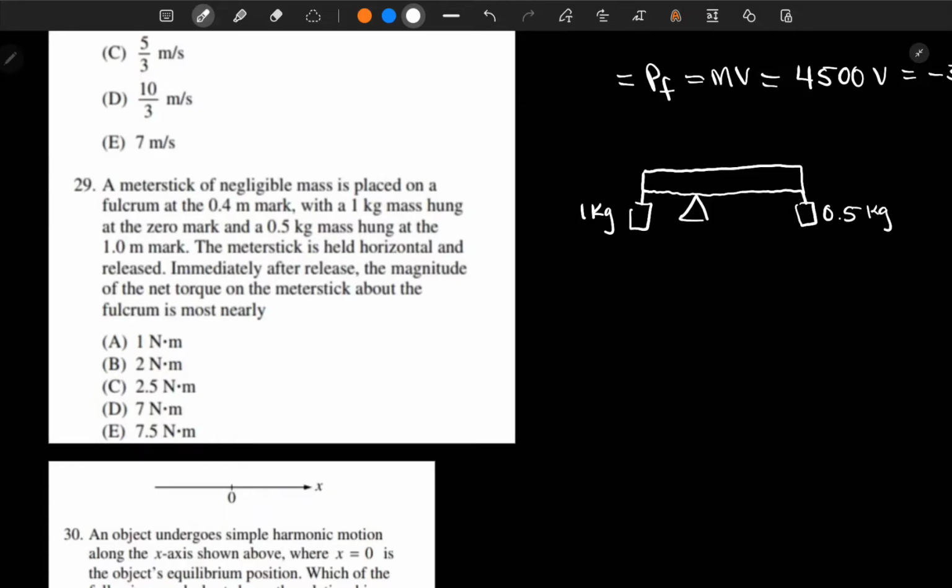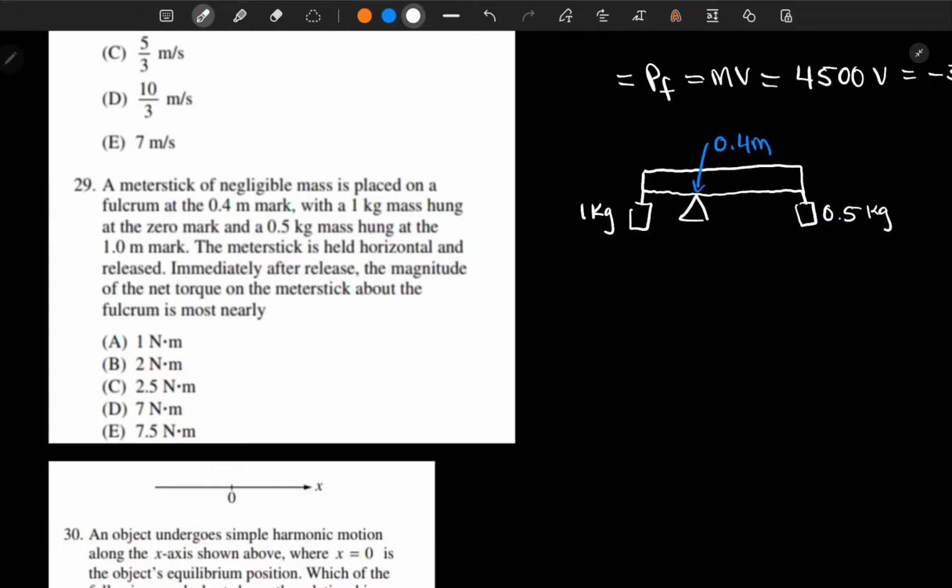The meter stick is held horizontal and then released. Immediately after release, we wish to find the magnitude of the net torque on the meter stick about the fulcrum. So, using this drawing here, this point on the fulcrum is 0.4 meters.